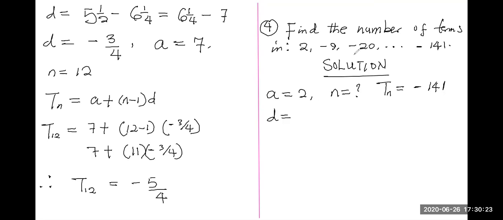Our D is either minus 9 minus 2, or minus 20 minus minus 9, the third term minus the second term, or the second term minus the first term. However you do that, you will notice that our D is going to give us minus 11.